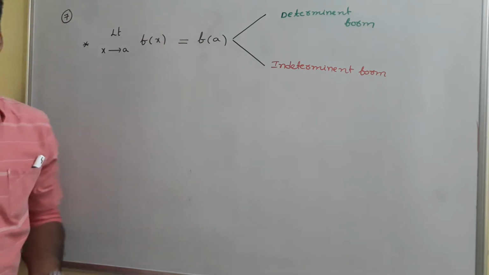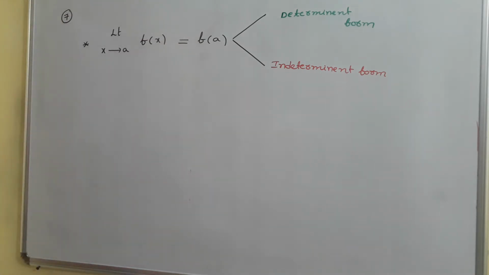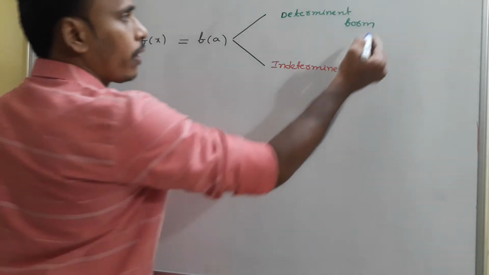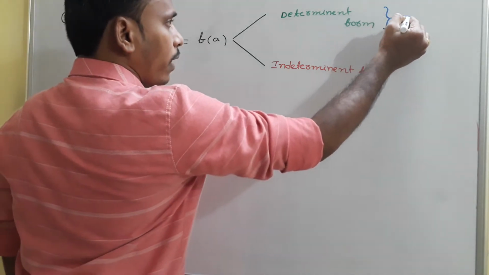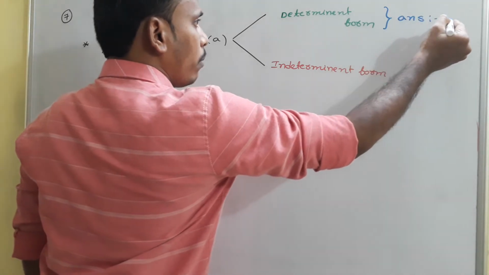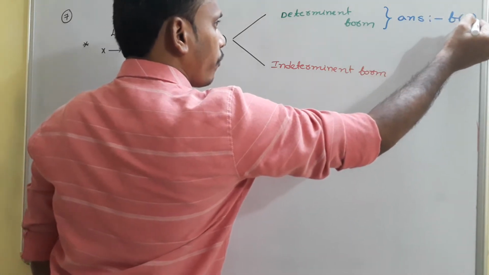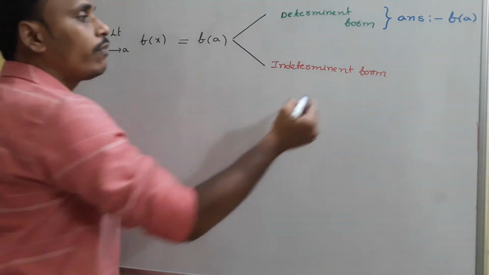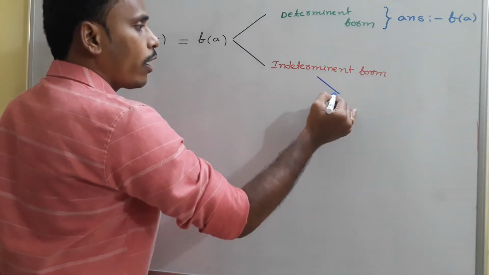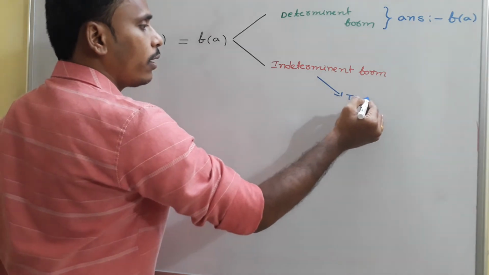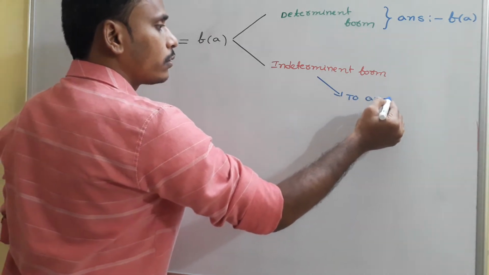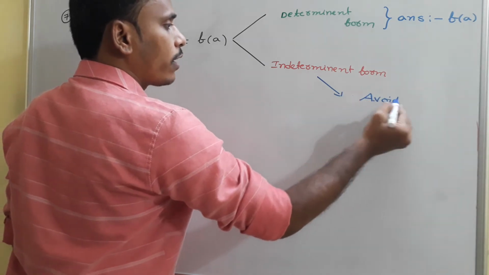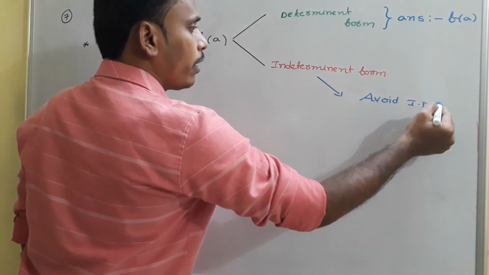And after having f of a, we need to think whether it is determinate or not. If it is a determinate form, then our answer for the problem is directly f of a. If it is an indeterminate form, we will try to avoid that indeterminate form.